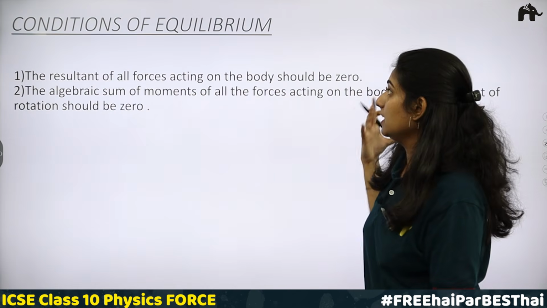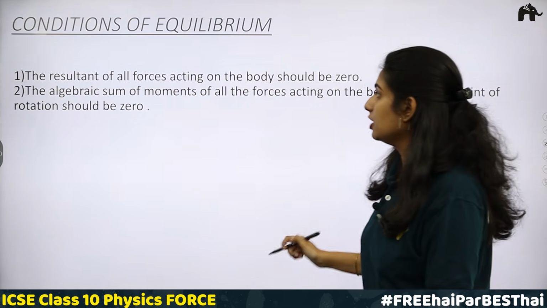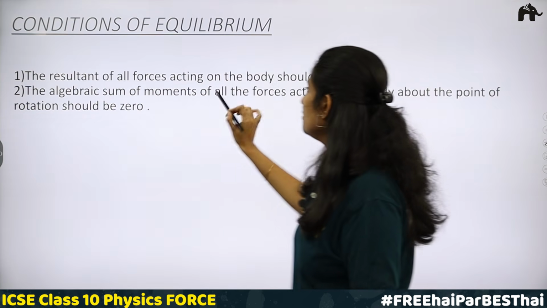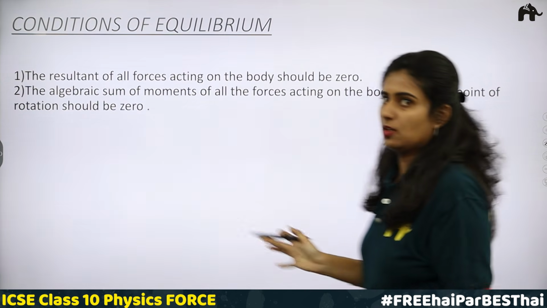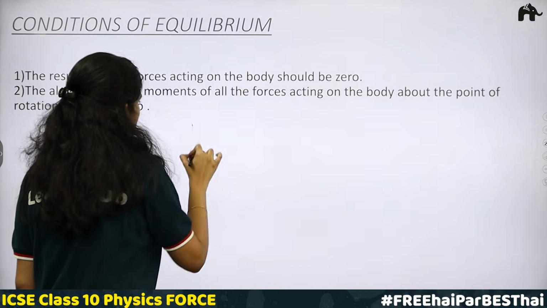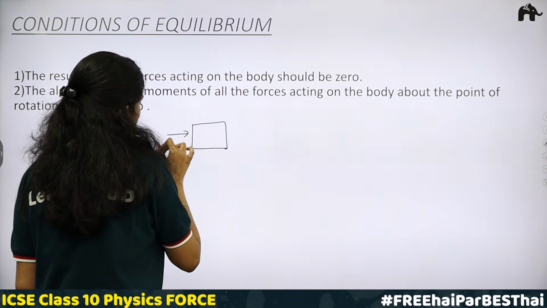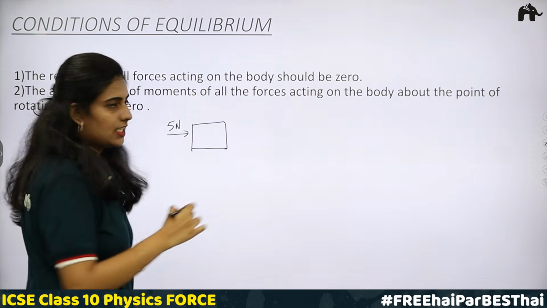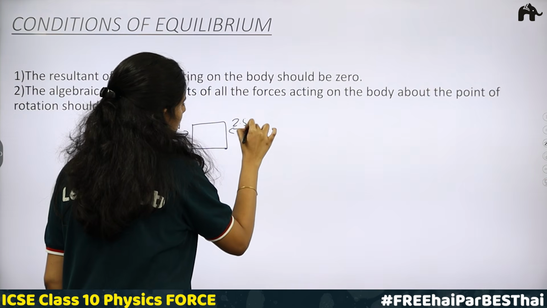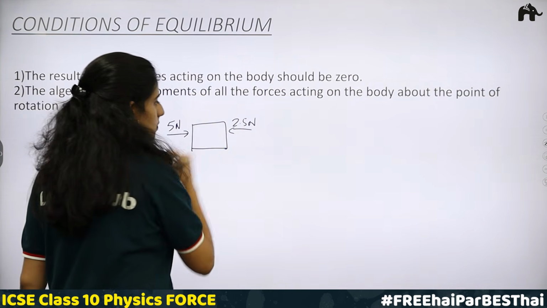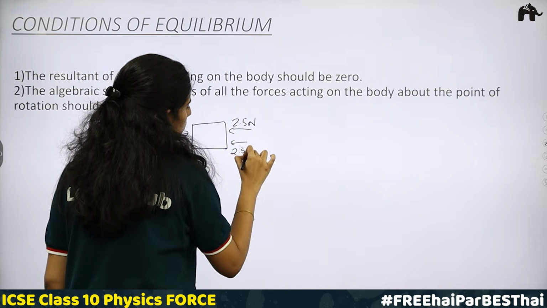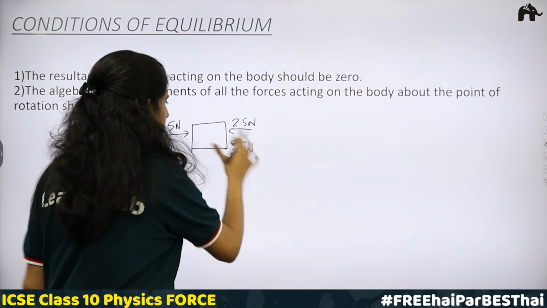Here we have the two conditions for equilibrium. One is that the resultant of all forces acting on a body should be 0. Just take the example of the static case. Here we are applying a 5 Newton force from this direction, 2.5 Newton from one person from the opposite direction, and 2.5 Newton from another person from the opposite direction.